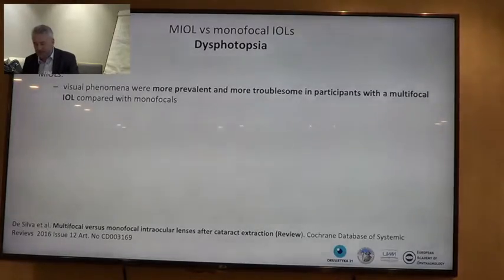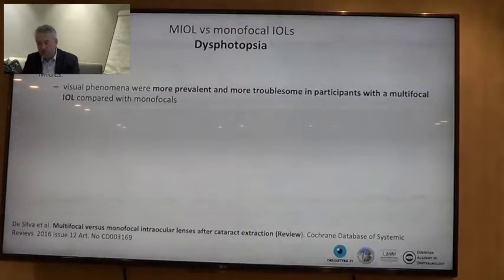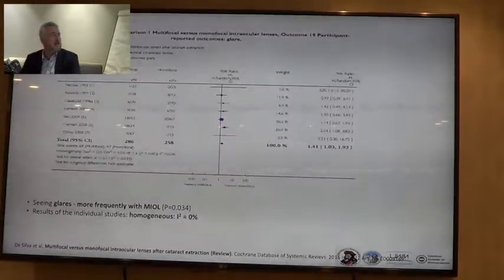And one of the issues covered by this meta-analysis was dysphotopsia. It was shown that visual phenomena were more prevalent and more troublesome in participants with multifocal IOLs compared with monofocals. More or less obvious to us.